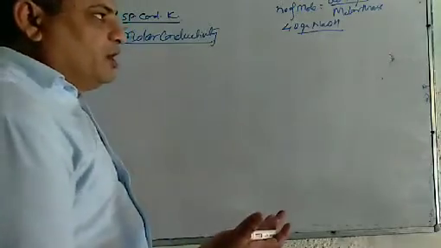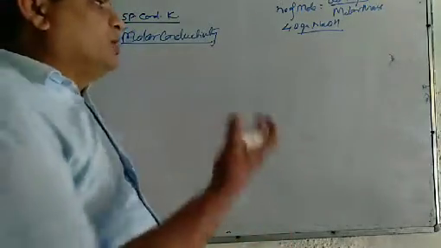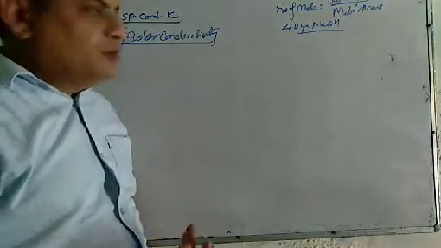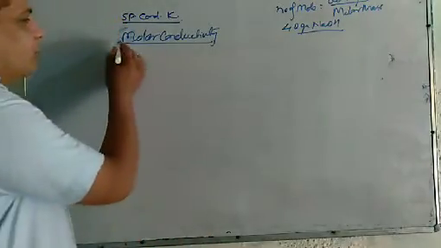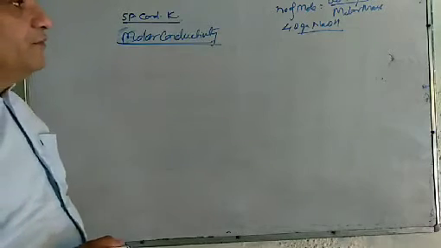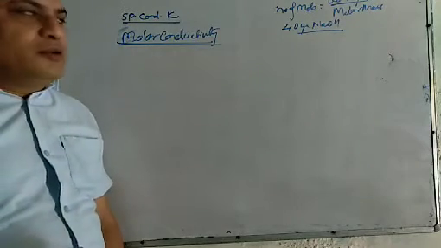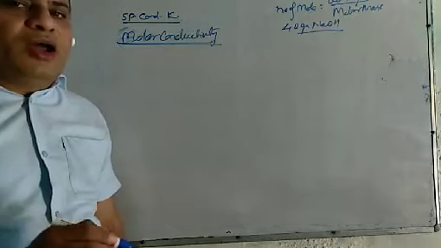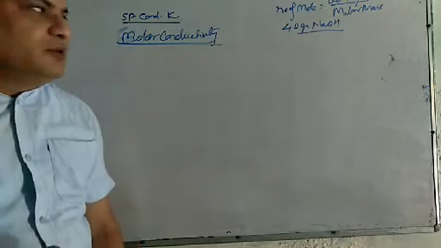If you take 80 grams, it is 2 mole. If you take 20 grams, it is half mole. So, molar conductivity can be defined as the conductivity of electrolytic solution which contains 1 mole of electrolyte in it.